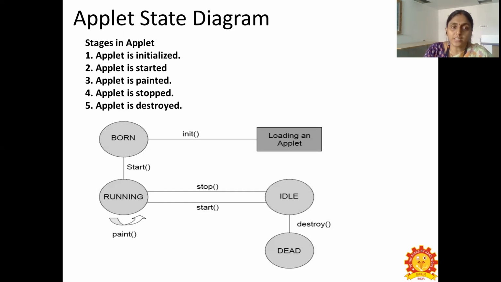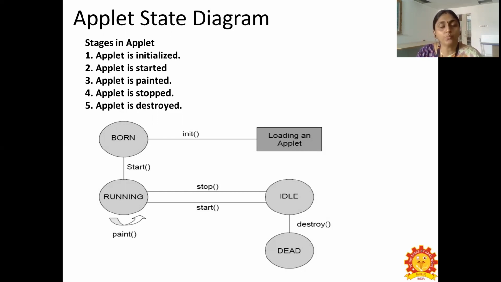So as we discussed, once the applet is loaded, it is getting initialized and the applet is getting started. And once it gets started, it enters the running state where you can paint the applet window. And when you just want to make the applet enter the idle state, you can use the stop function and resume back to the running state from the idle state using the start function.